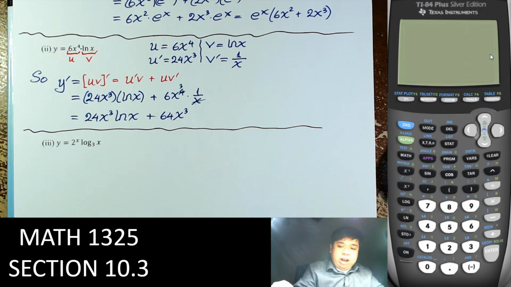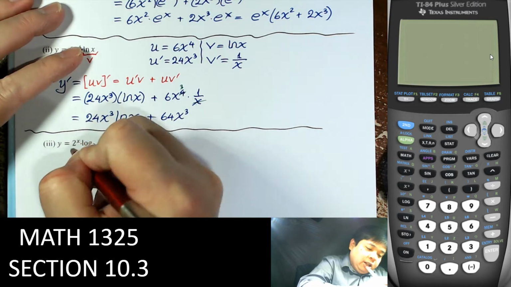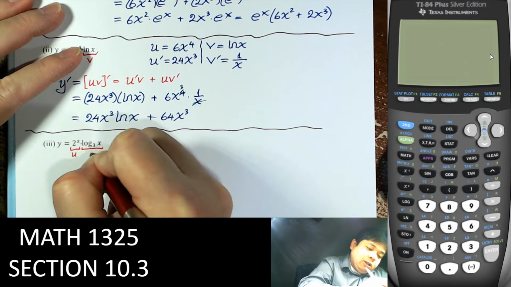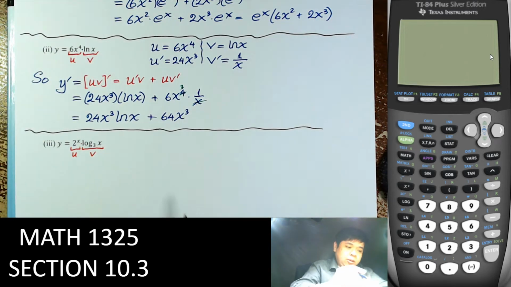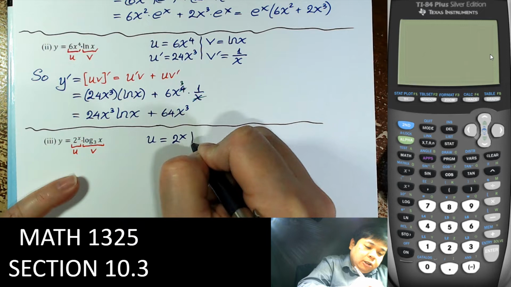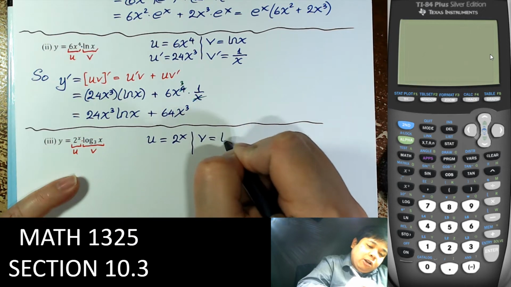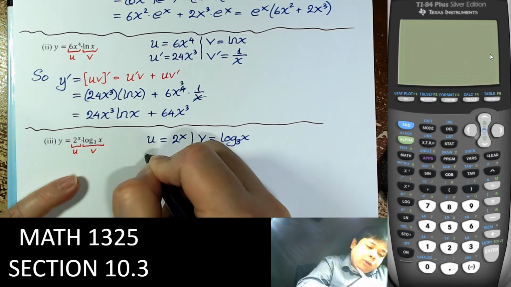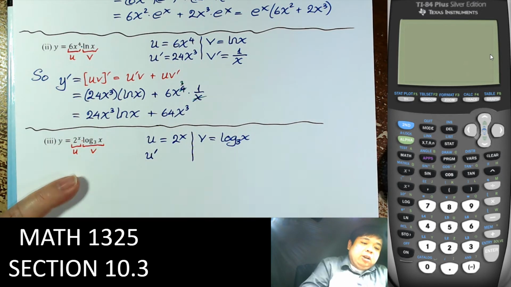Right, now we have a product here. So u is 2 to the x and v is log base 3 of x. So we take the derivative of 2 to the x.